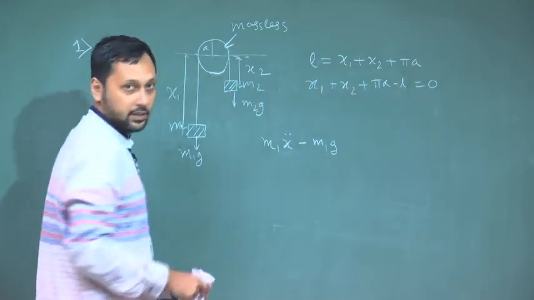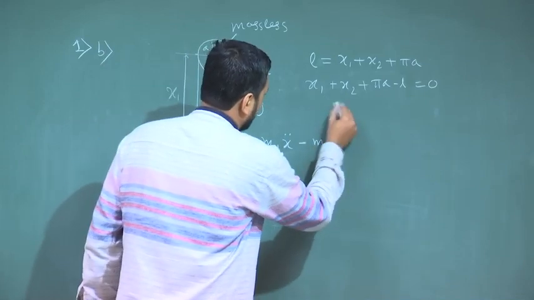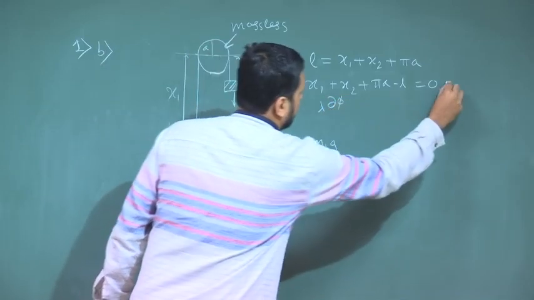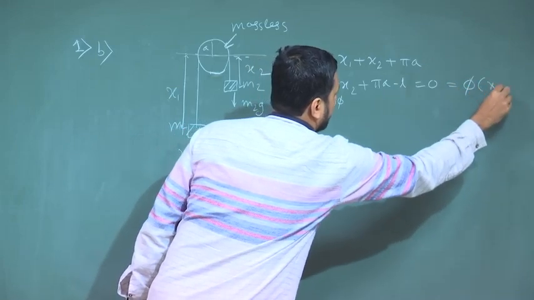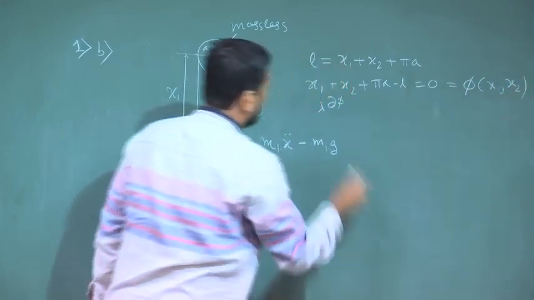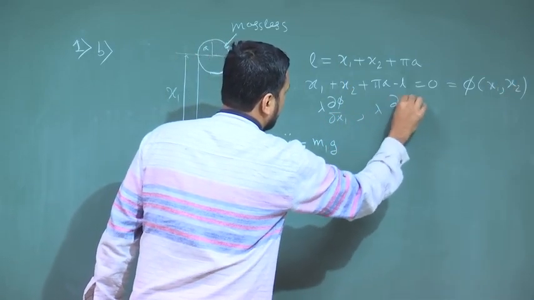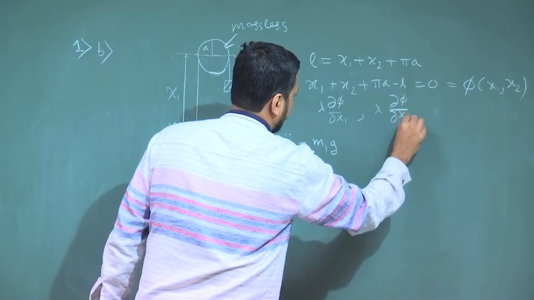So, this is your equation. Okay. So, what you need to do is lambda, so essentially this is your phi of x 1 and x 2. So, it will be lambda del phi del x 1 and lambda del phi del x 2.